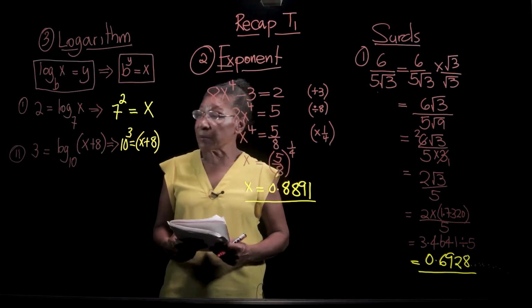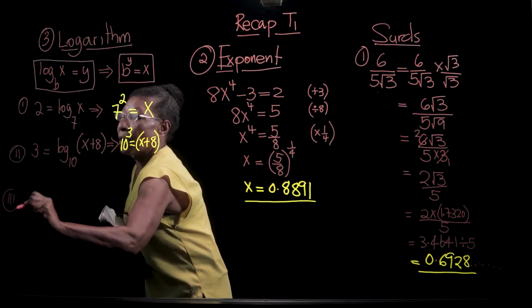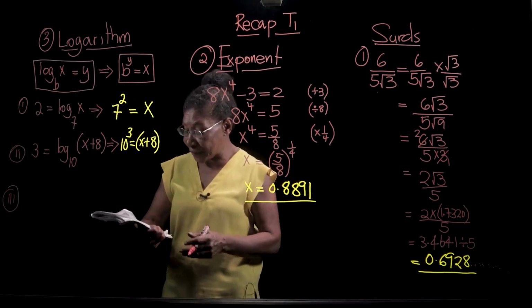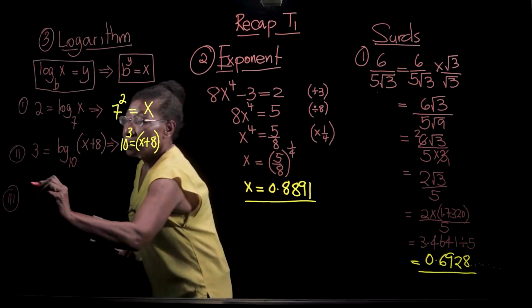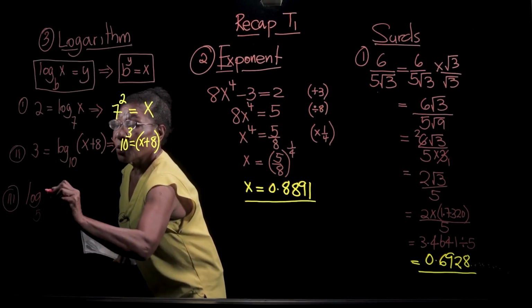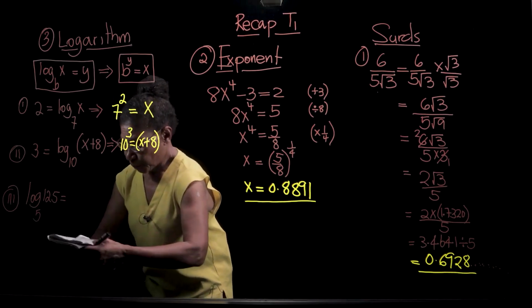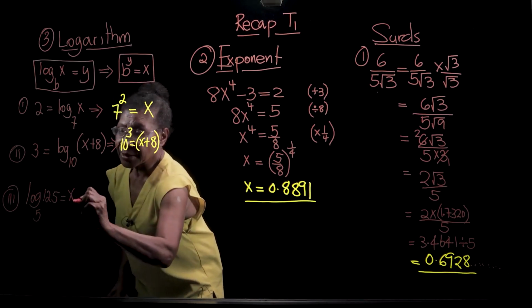Our final example on logarithm would give us 2 log base 5 of 125, all of that is equal to x.